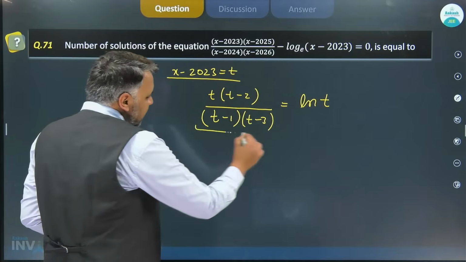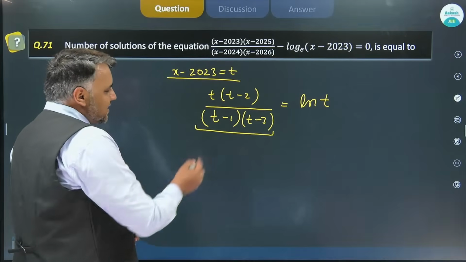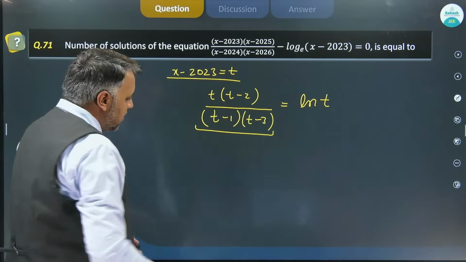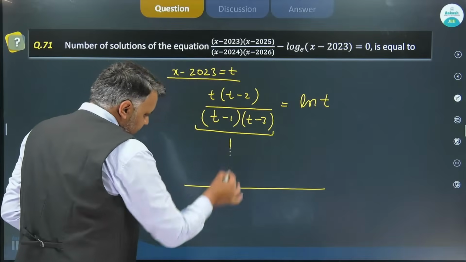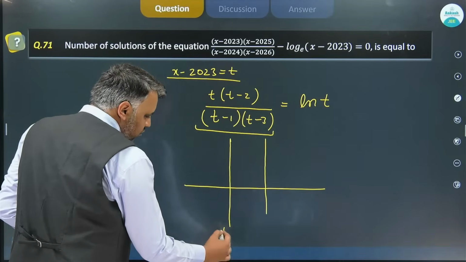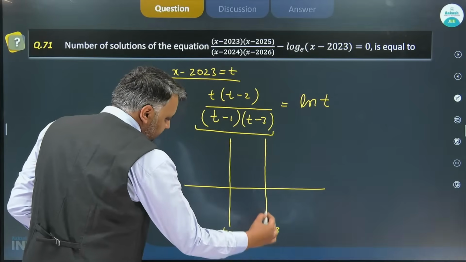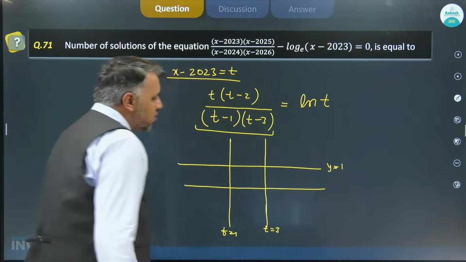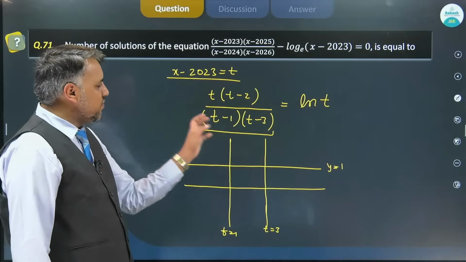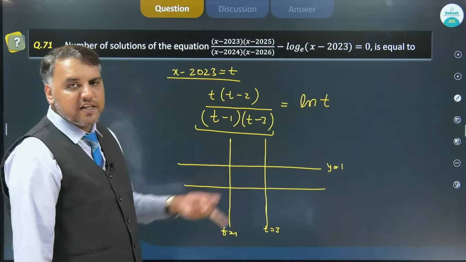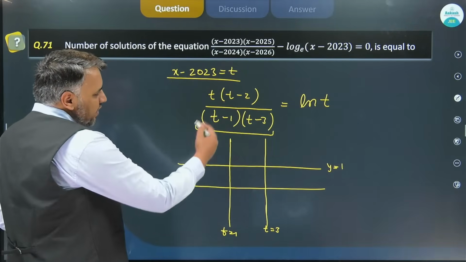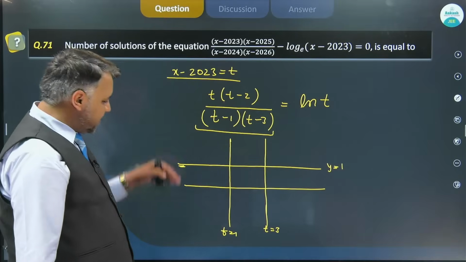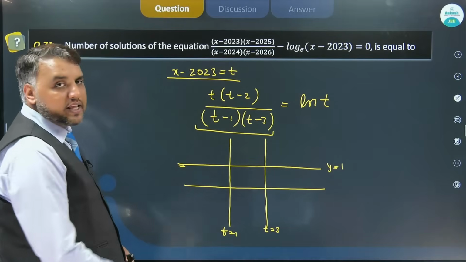If we observe the LHS of this equation, the left hand side, by derivative you can see this is always decreasing. Its derivative is always negative. So we have to plot the graph. Let's take t is equal to 1, t is equal to 3, and a level y is equal to 1, because at infinity and minus infinity this expression will approach 1. From minus infinity it will start just below y is equal to 1 and decrease throughout.